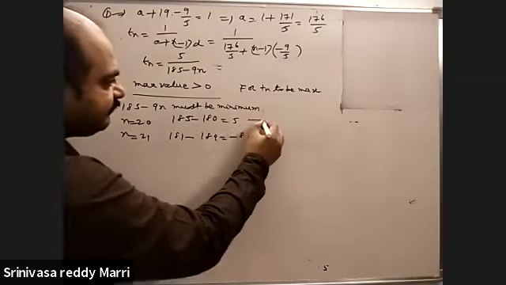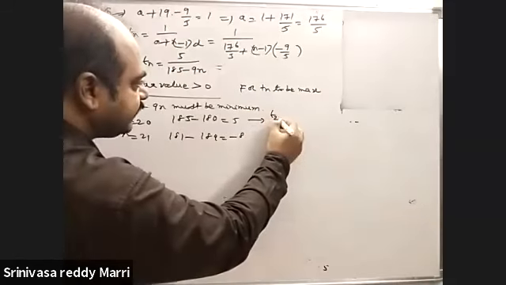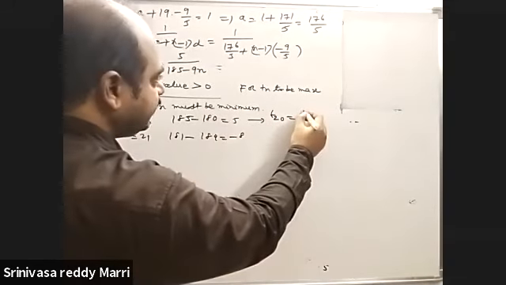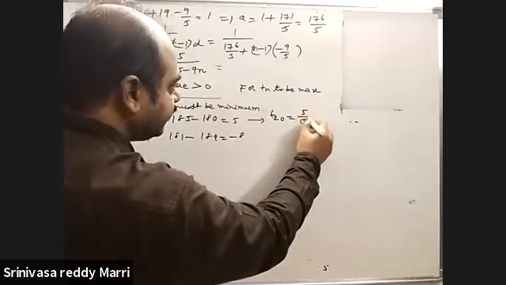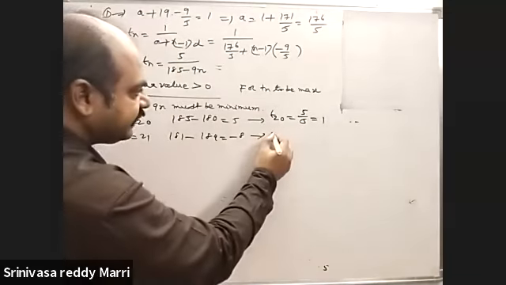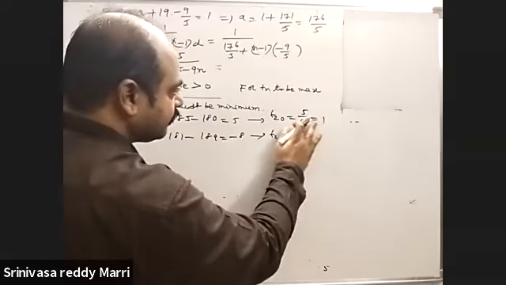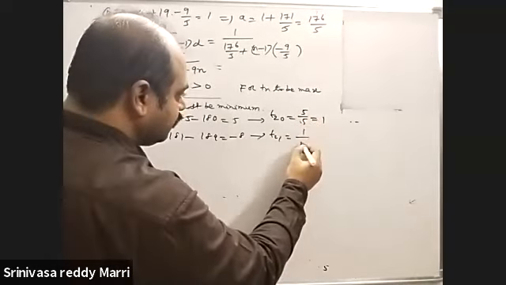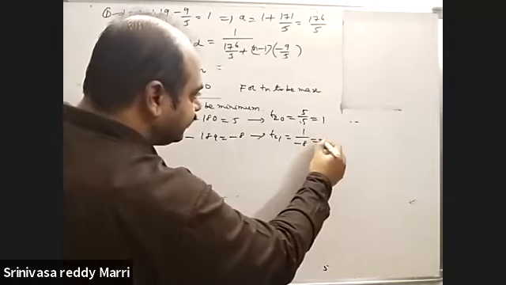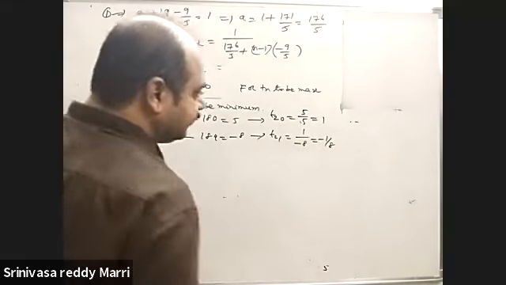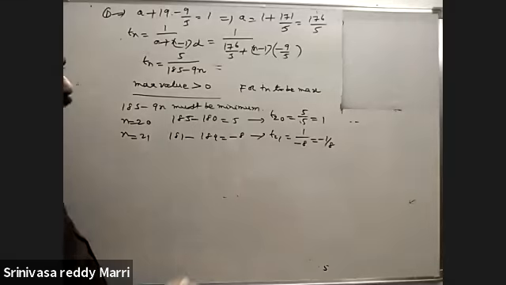That means if you substitute n equal to 20, T20 equals 5 divided by 5, 1. After that, if you calculate T21, you get 1 by minus 8, minus 1 by 8.